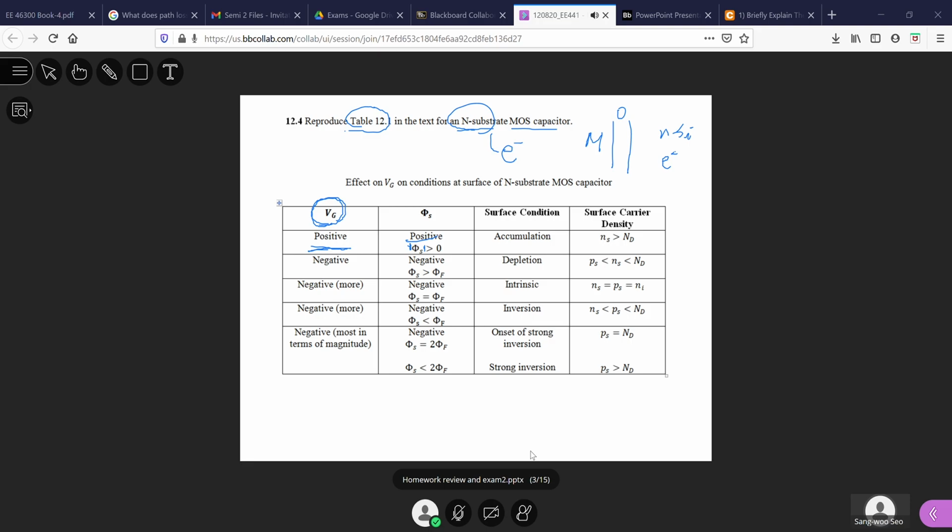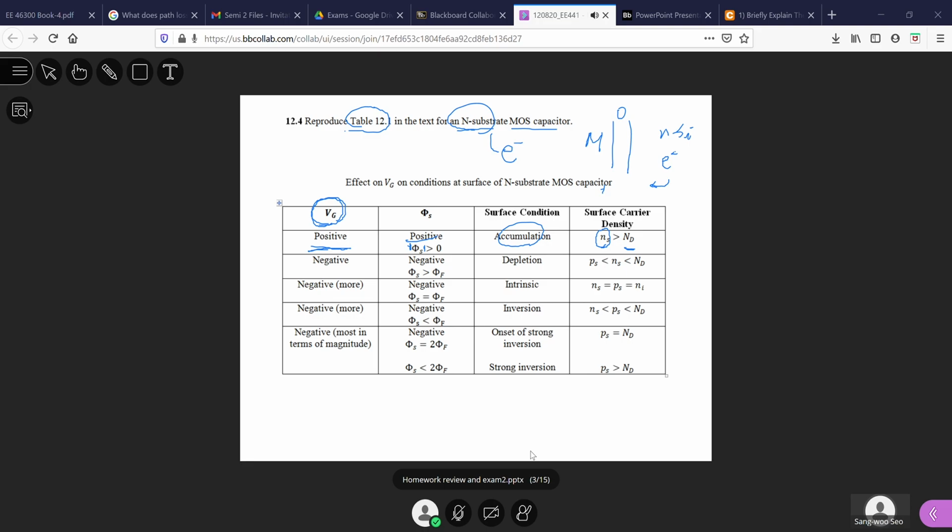And then because we apply the positive in the metal, electron is attracted to the interface to create the accumulation. Okay. So when you look at the carrier density for this case, the surface charge, this one is going to be more than the doping concentration. Okay. That's the condition for the positive.